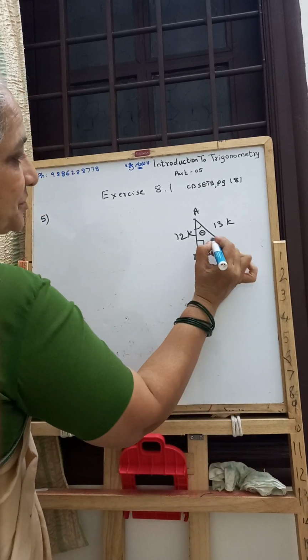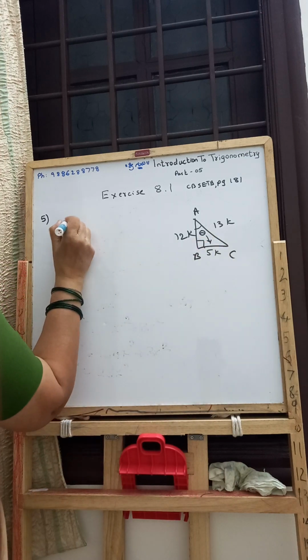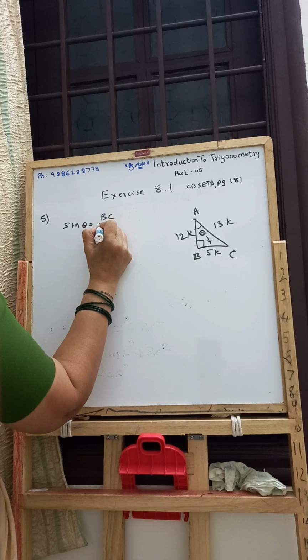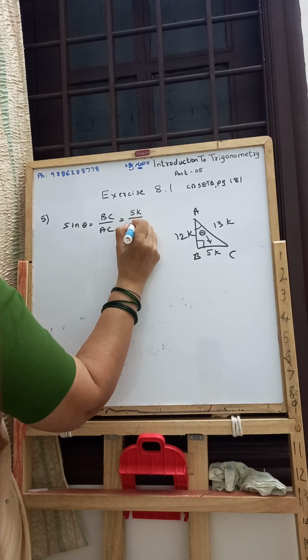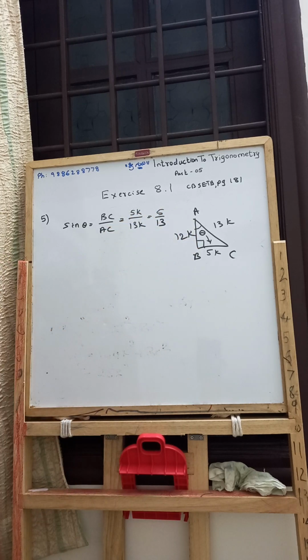Here opposite to angle theta is BC. So sine theta is equal to BC upon hypotenuse AC. It is 5K upon 13K. This is 5 upon 13.